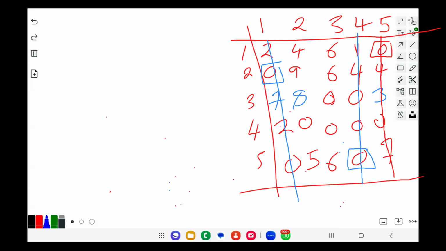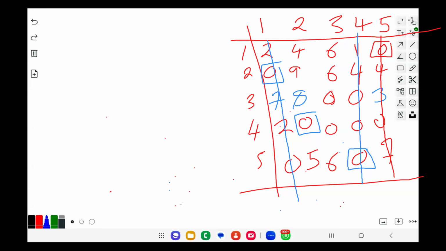Let's go to the columns. We know that the first column has already been deleted. The second column has one zero, right?